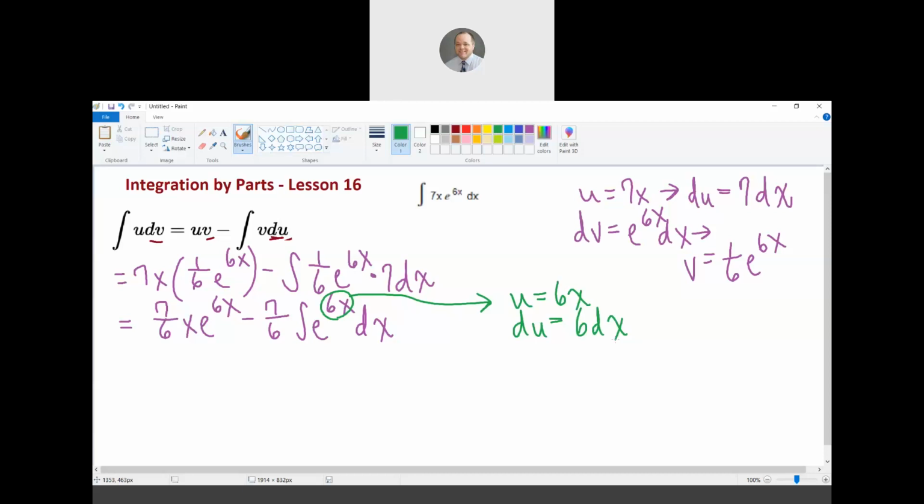And this is how you get the 1 over 6 part. You just simply divide both sides of your derivative by 6. So 1 over 6 du is our dx.